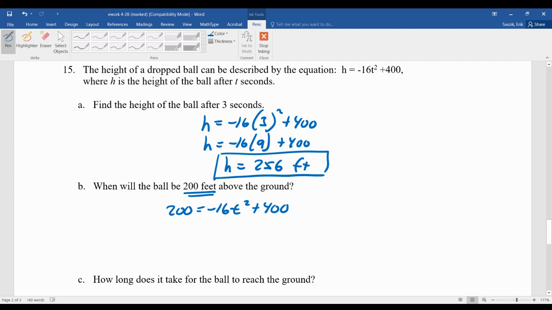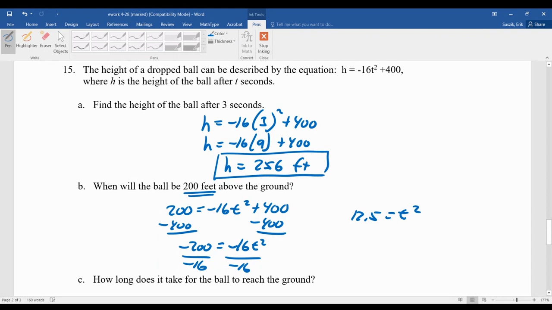So I can just go ahead and isolate t squared by subtracting 400. And I get negative 200 equals negative 16t squared. I'm going to divide both sides by negative 16. I get 12.5 equals t squared.